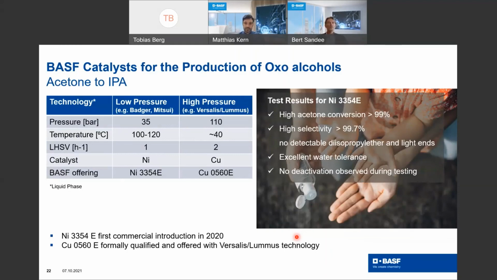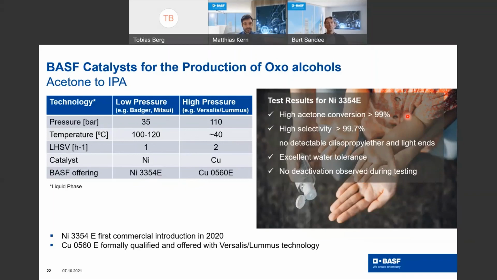If you remember, the 3354 is actually our oxo aldehyde catalyst, but it turned out to work extremely well for acetone conversion. So these are some lab results that we collected early last year, or maybe it was still late 2019, where we have 99% plus acetone conversion at a selectivity of 99.7.